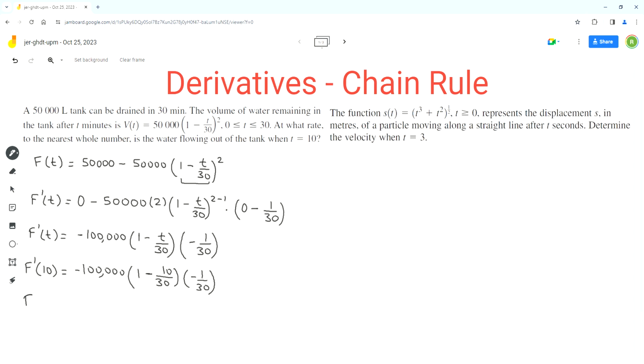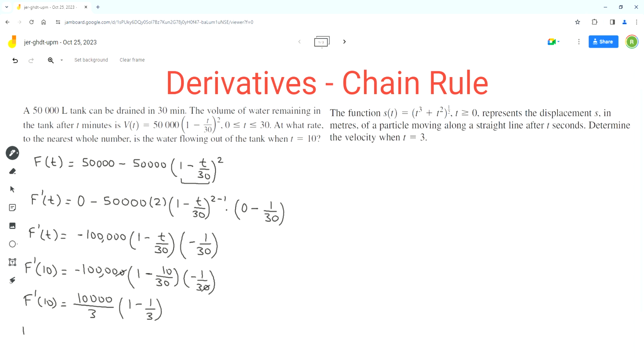So F'(10) equals, now we can multiply negative 100,000 by negative 1/30. So we'll get positive 10,000/3. We can reduce this fraction by cancelling out one of the zeros. And then times, now 10/30 can be reduced to 1/3.